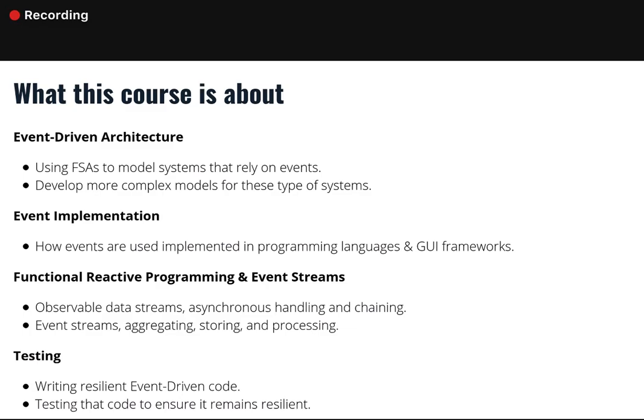So what is event-driven computing? What is this course about? We'll come back to specifically what event-driven computing is in a little bit, but in general, this course is about event-driven architecture. So how do we develop software for event-driven systems? How can we model those systems?